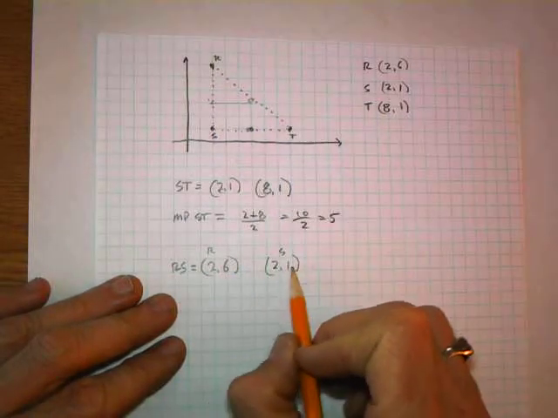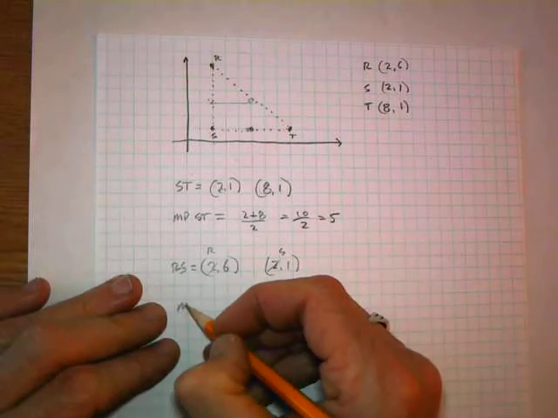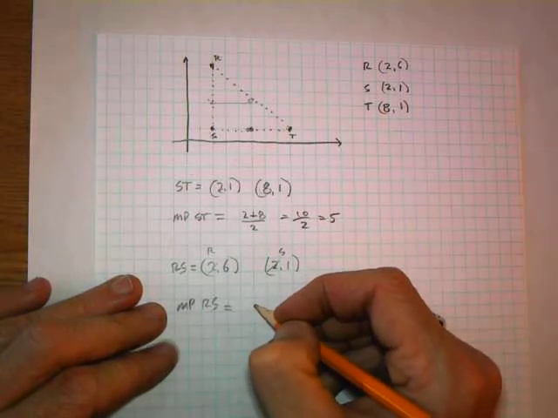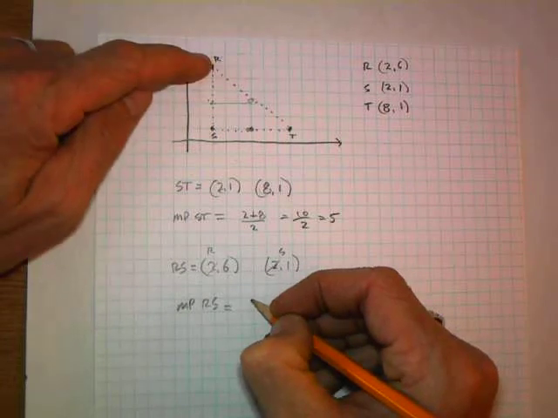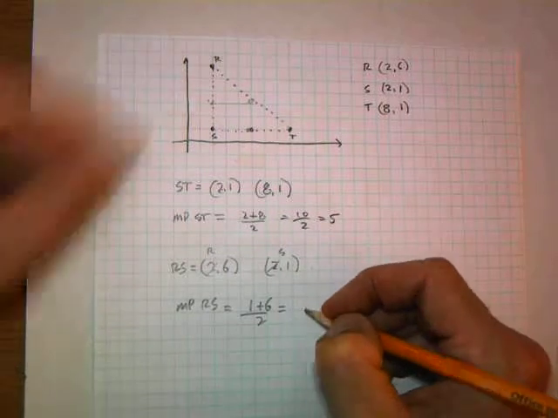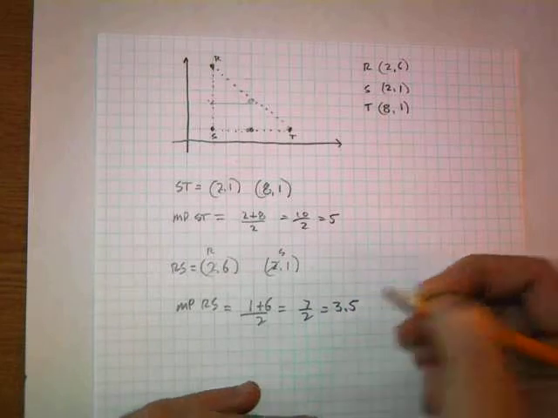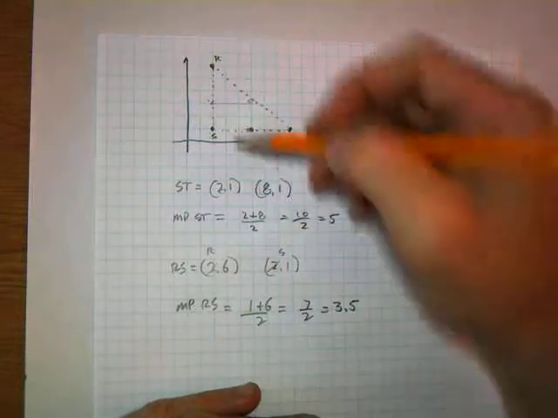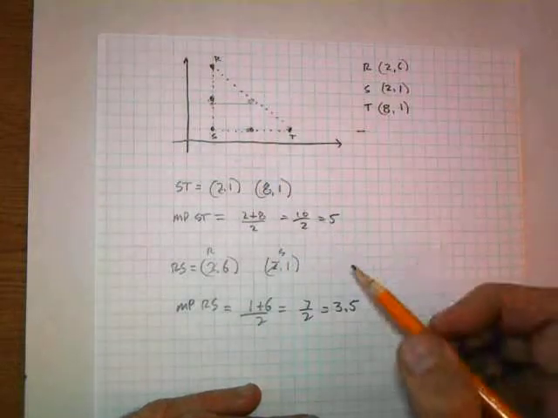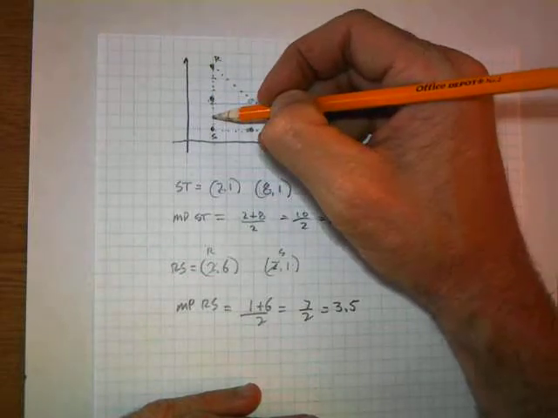So in this case we're only looking at the Y's because the X's are the same. So the midpoint of RS is going to equal the average of 1 plus 6 divided by 2. What is that? Well, that's 7 divided by 2. That is 3.5. So now the midpoint of RS is at 3.5. Does that work? Because we have 2.5 on this side, 2.5 on this side.